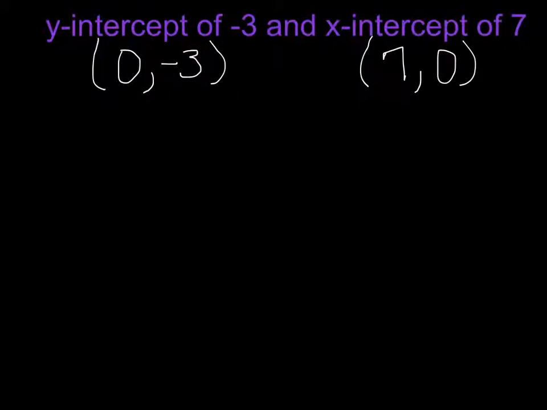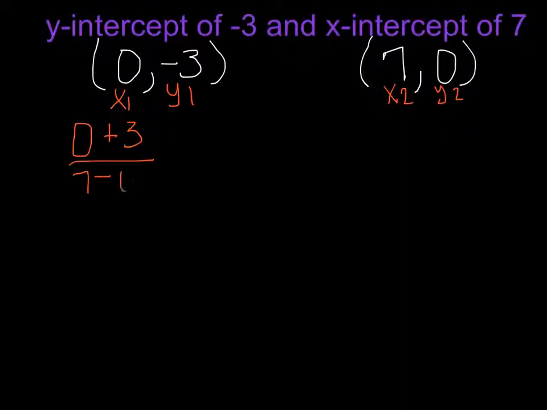So for this equation, we need to find the slope. x1, y1, x2, y2. So do 0 minus a negative 3, so plus 3, because remember minus a negative changes to plus, and then 7 minus 0. 0 plus 3 is 3. 7 minus 0 is 7.